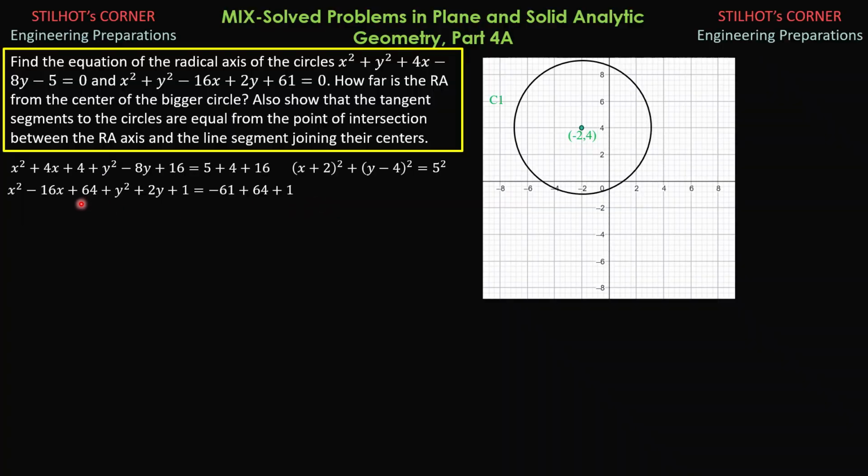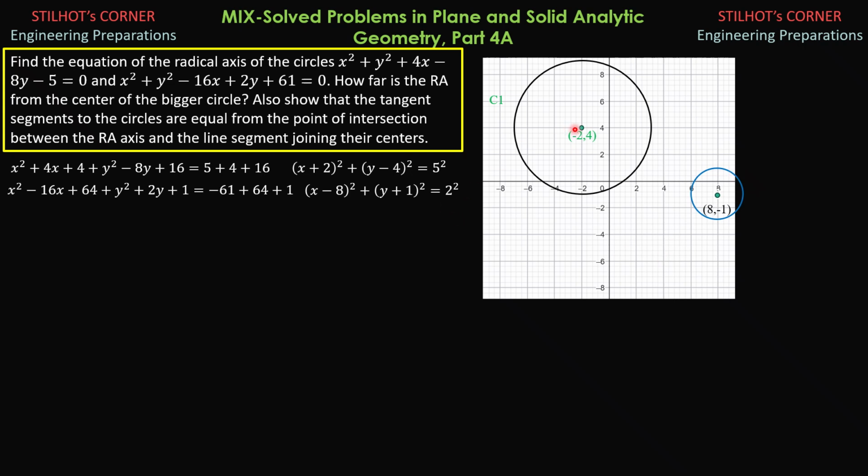So we have (x minus 8) squared plus (y plus 1) squared equals 2 squared. So this is a circle with center at (8, negative 1) and the radius is 2, and let's put that on the coordinate plane.